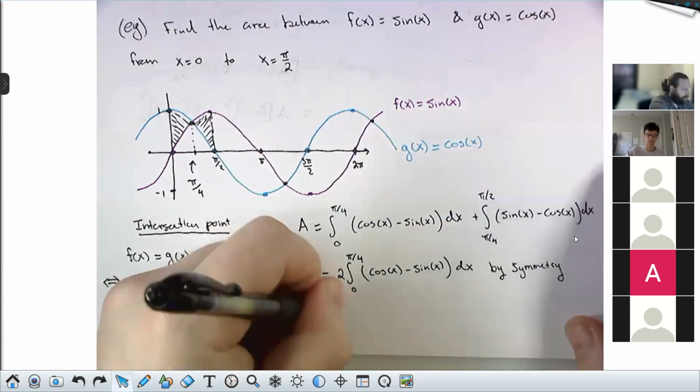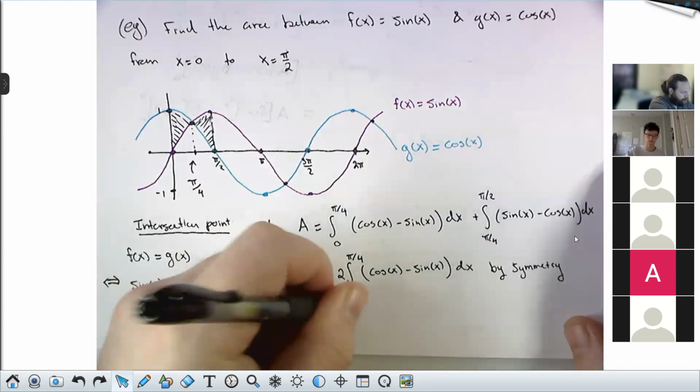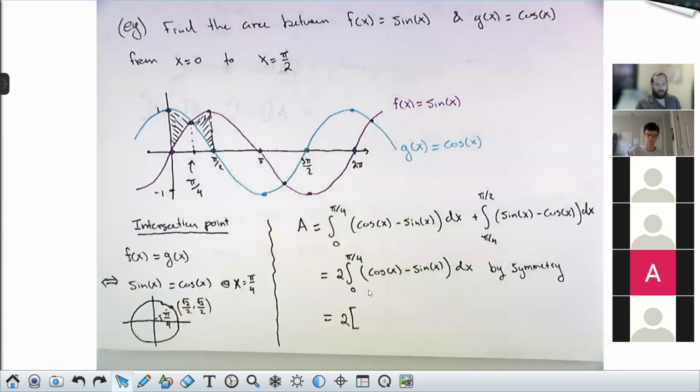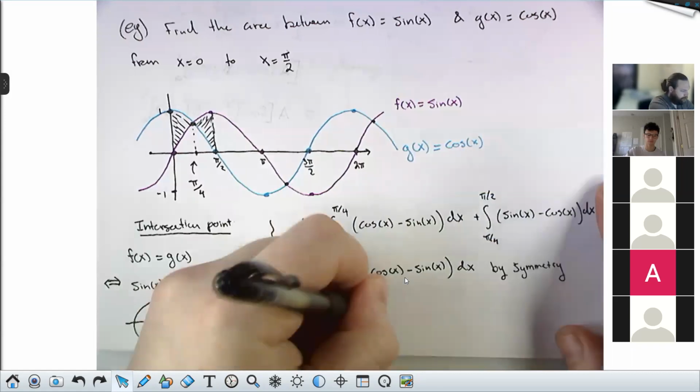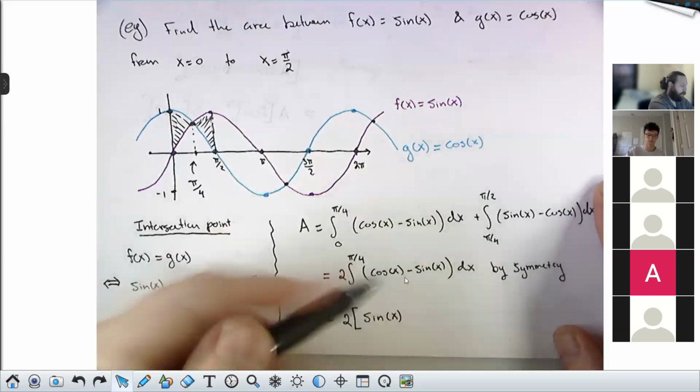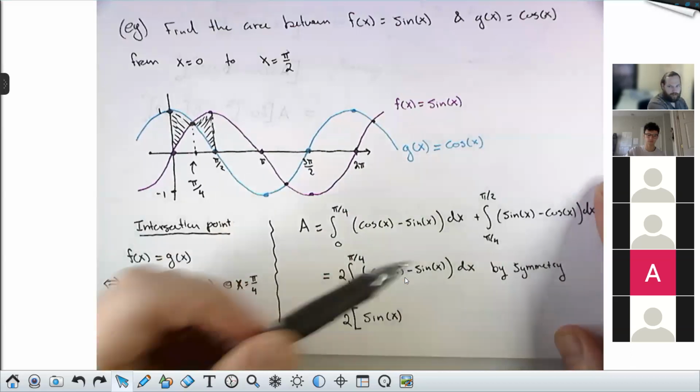All right, we're almost done. This 2 is going to come along for the ride. Now we're ready for our antiderivative. What is an antiderivative for cos x? Sine x. Yeah, good. Now I need to subtract the antiderivative for sine x.